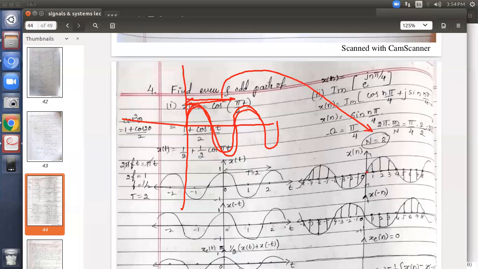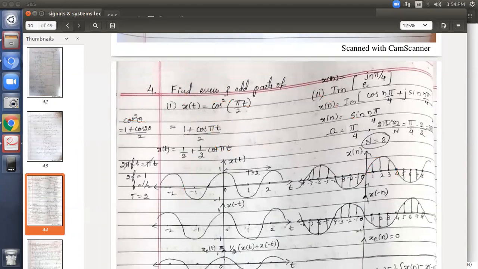You can see it here, between 0 to 8 what I have done: 4 units are for the positive amplitude, 4 units for the negative amplitude. Count it. 0 to 1 is 1 unit, 1 to 2 is 2 units, 3 units and 4 units. 4 units for positive amplitude, then 4 to 5 is 1 unit, 2 units, 3 units and 4 units, so 4 units for negative.